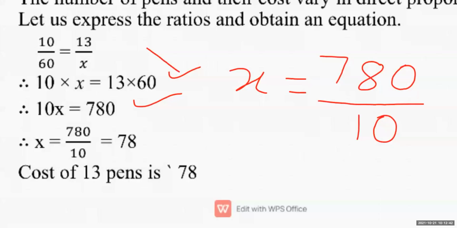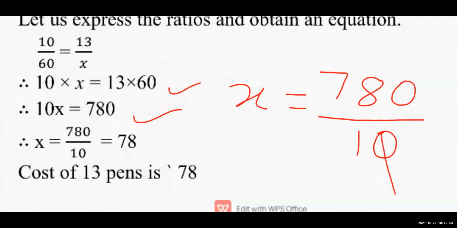What will be there? 780 upon 10. Now 780 should be divided by 10. See, very easy cutting. 0 will cut. What will remain? 78 upon 1. That means only 78. So what is the cost of 13 pens? The cost of 13 pens is rupees 78. It's very easy.